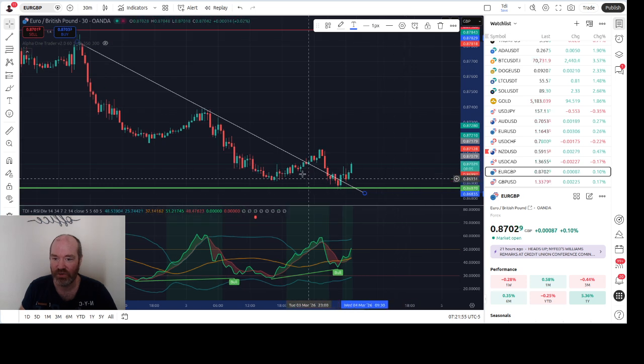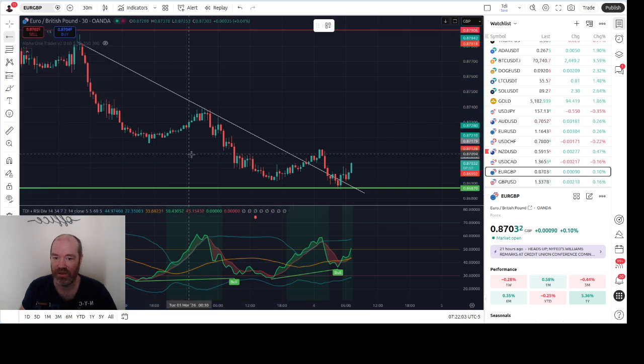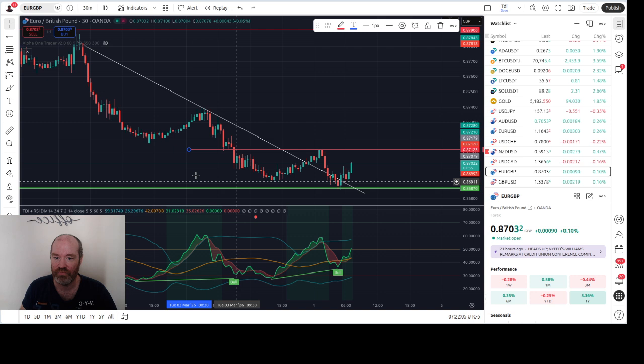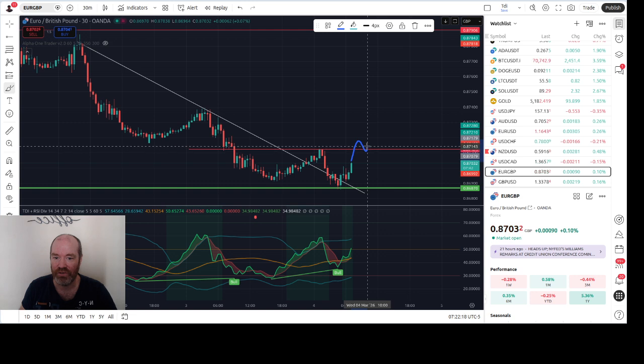So here, what I would like to see is that we break this top here. So in this case I would have taken a line here. I would like us to break above. Then I want him to go down, retest, maybe go a little below, and when he goes up and we get a new bar closing above in this area here, that for me will be an entry.